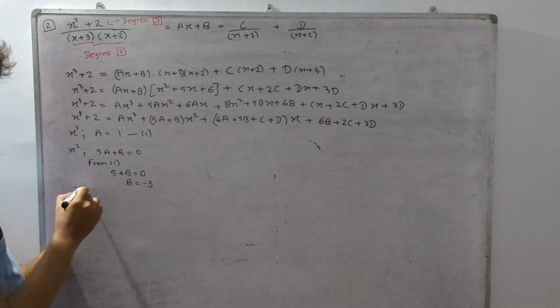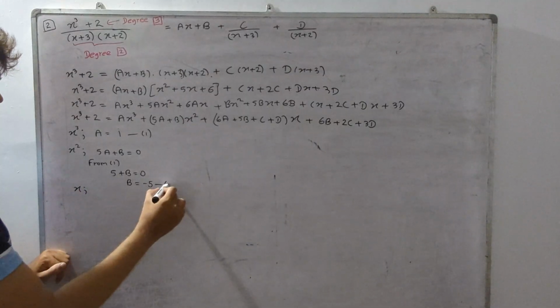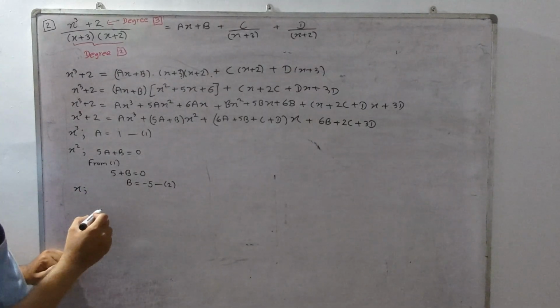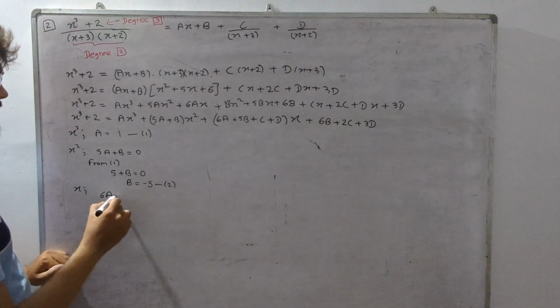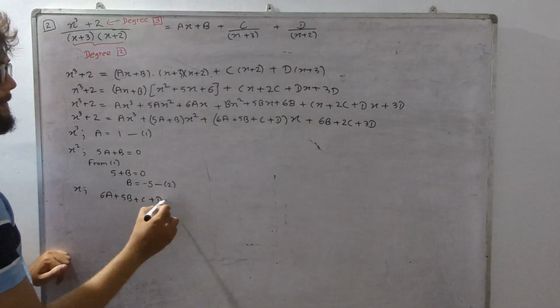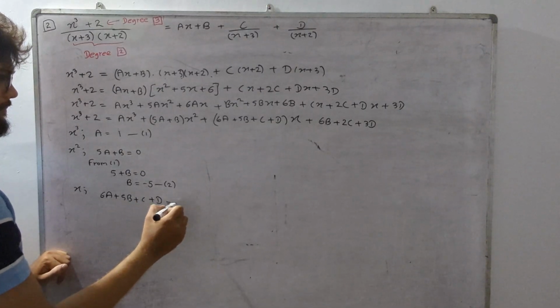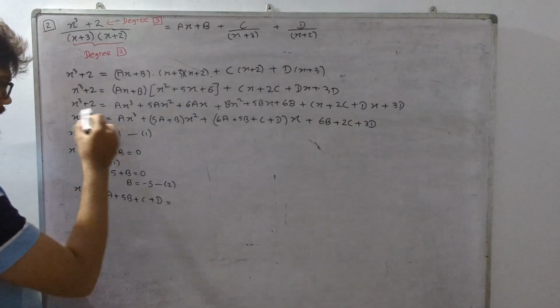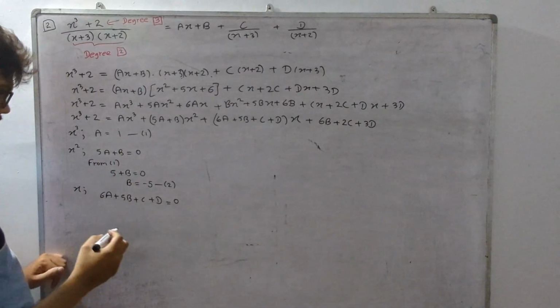When it comes to the x terms, this is the second equation. 6a plus 5b plus c plus d equals, there are no x terms, so 0.